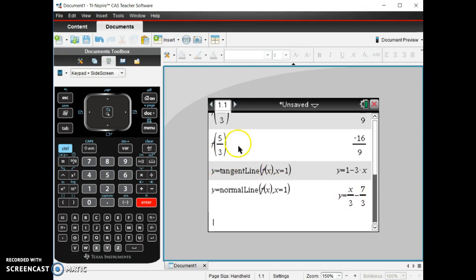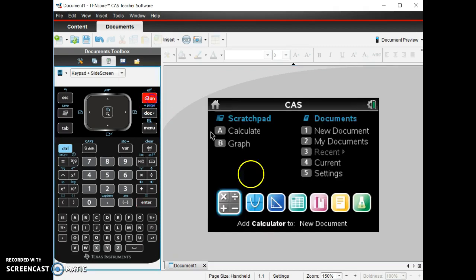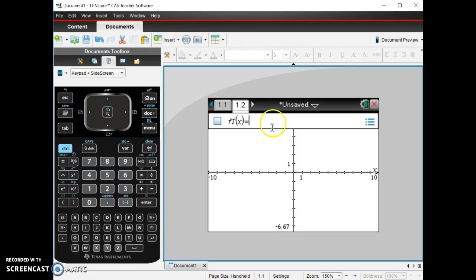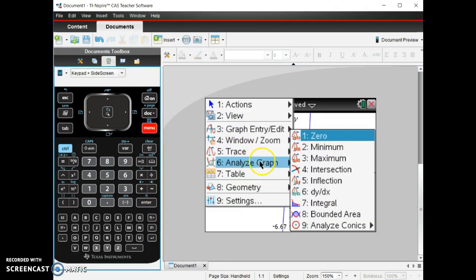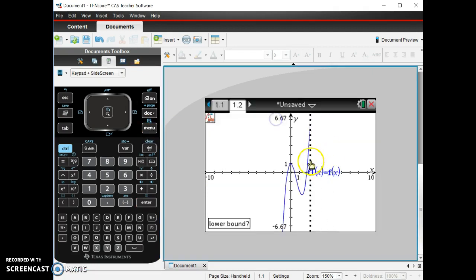Finally, if we want to graph this function, we can open up a new document. Let's open up a graph, and in here we can just type the function that we defined, f of x, and it comes up with the graph there. Just to jog your memory, if we want to find the maximum point and the minimum point here, we can go to Menu, Analyze Graph, Minimum.